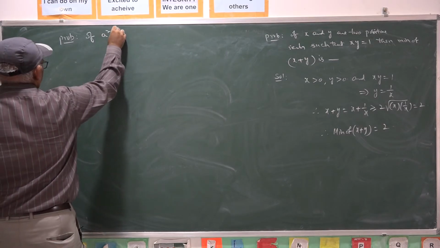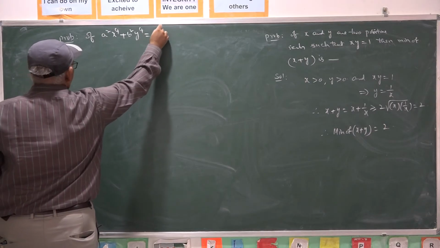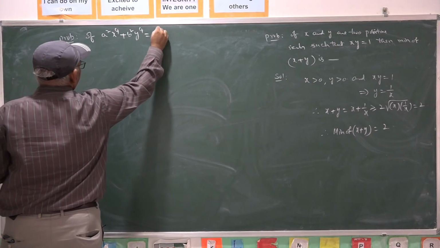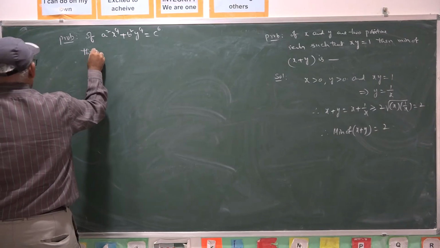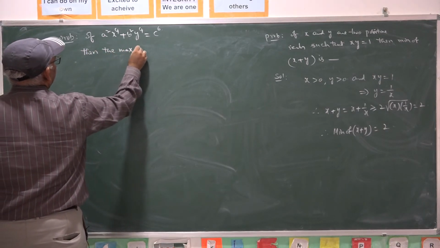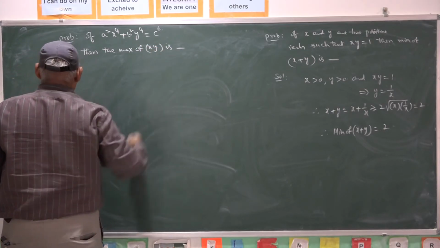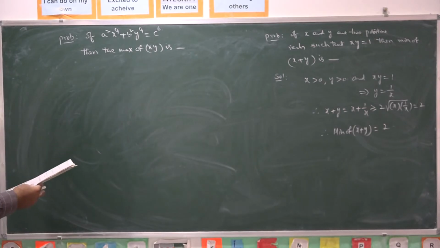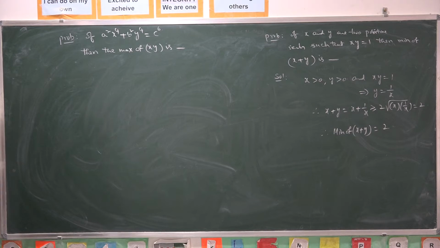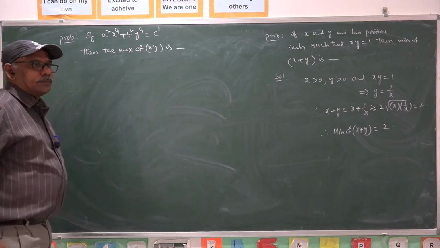If a square x power 4 plus b square y power 4 equal to c power 6, then the maximum of xy is. So you can apply the same arithmetic mean is greater than or equal to geometric mean to such problems also. Based on this condition, you have to maximize the product of x and y.